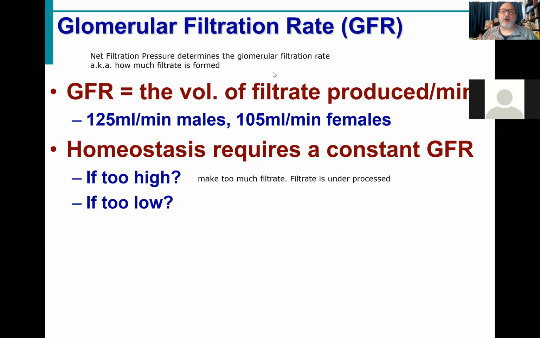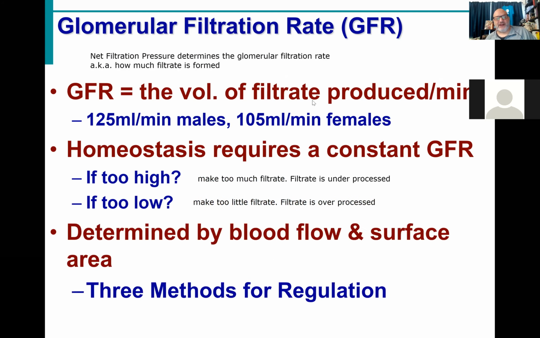Conversely, if our glomerular filtration rate is too low, we make too little filtrate, and then our filtrate is going to be over processed. So it is really important to maintain the appropriate rates of this pressure, which determines our glomerular filtration rate.